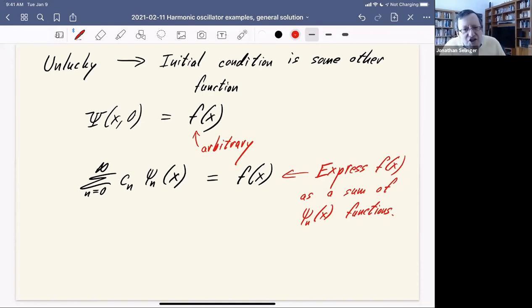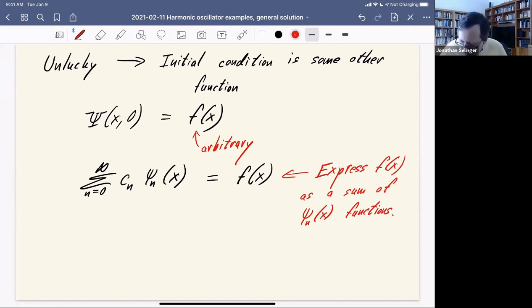The same trick with the Fourier series also works for harmonic oscillator solutions. And we will see this semester that it always works for solutions of the time-independent Schrodinger equation. For all quantum mechanics problems, it works. That is amazing but true.